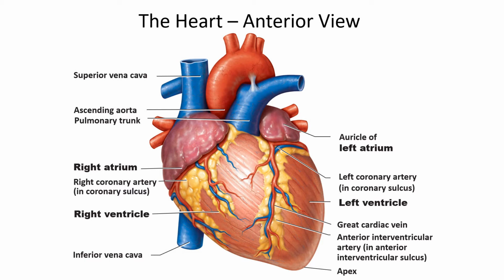Because it ascends, it goes upwards, and then it curves, forming the aortic arch, and then descends down behind the heart, not shown here, in the descending aorta. And we have major blood vessels that come off at the top of that arch that feed the upper part of the body. And we'll talk about that more when we talk about general circulation.